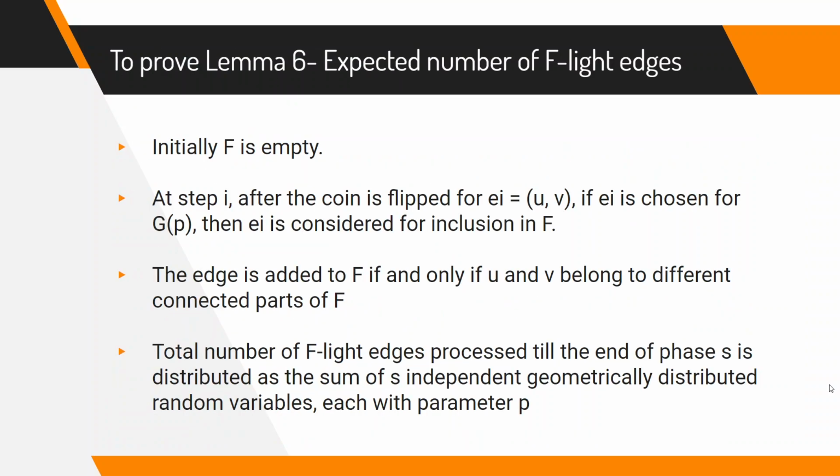So let's prove our lemma 6, the expected number of F-light edges. Initially F is empty. At step i, after the coin is flipped, for the edge e_i equal to (u, v), if e_i is chosen for graph G_p, where p is the probability of selecting an edge, and e_i is considered for inclusion in F, the edge is added to F if and only if u and v belong to different connected parts of F till what we have seen.